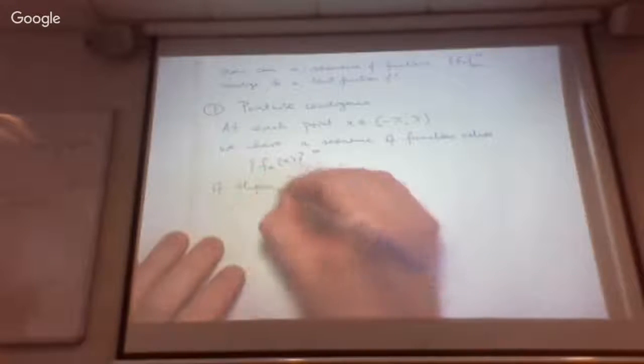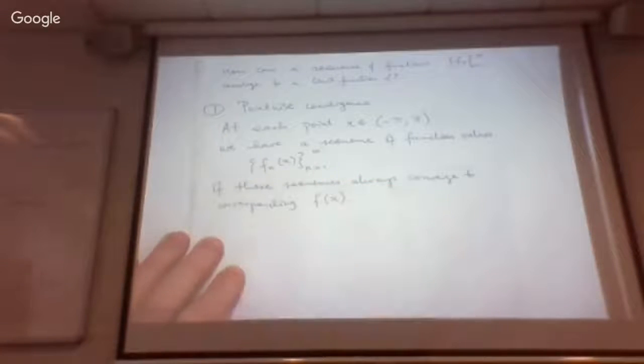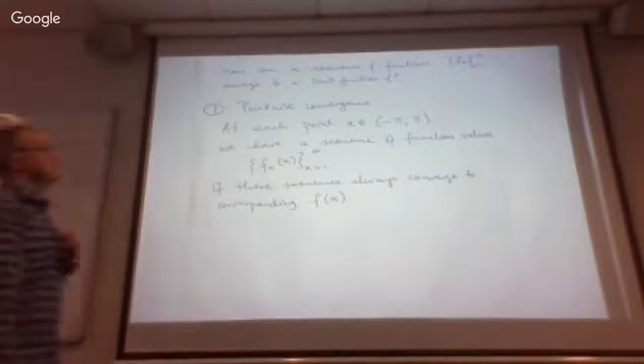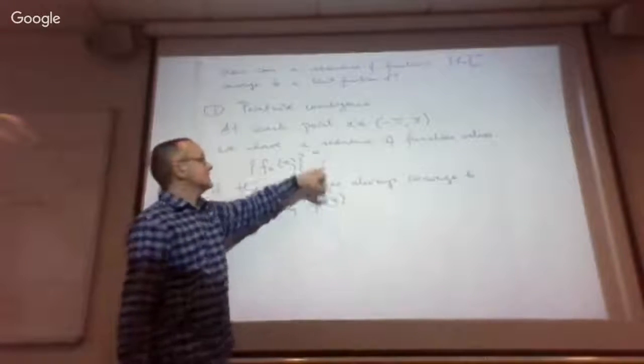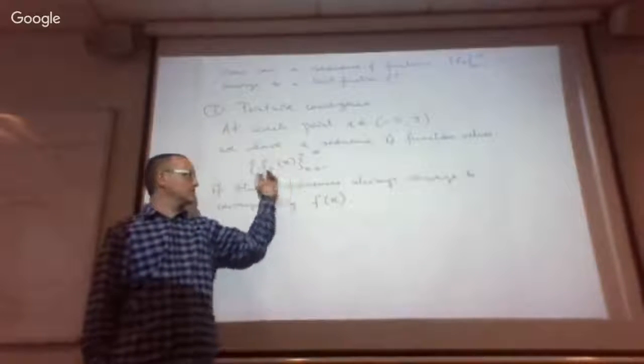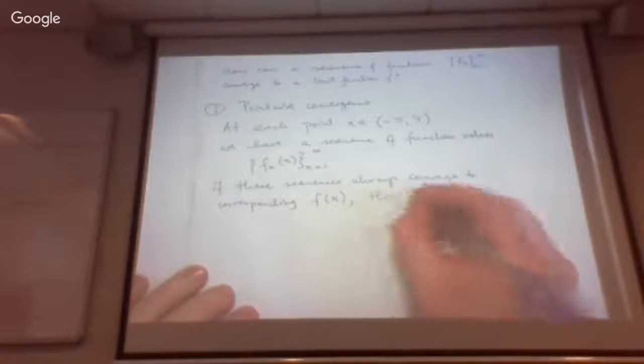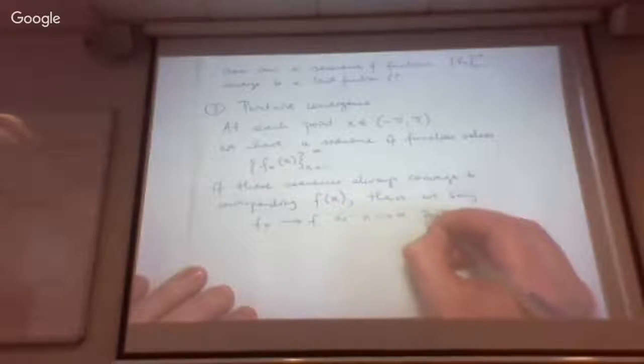If these sequences always converge to the corresponding value, we take this claimed limit function f and evaluate it at this particular point. If you always see these sequences of function values converging to that final value, then we say that fn converges to f as n goes to infinity pointwise.